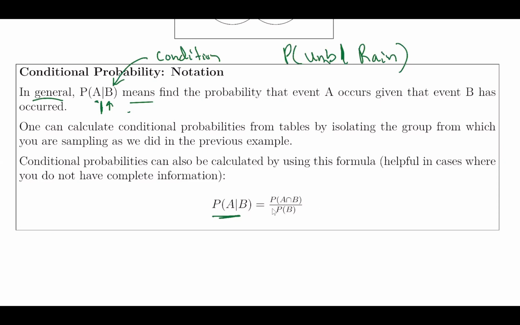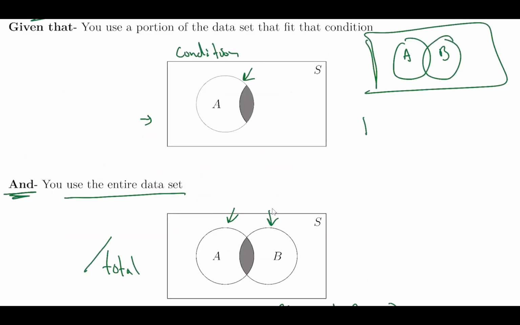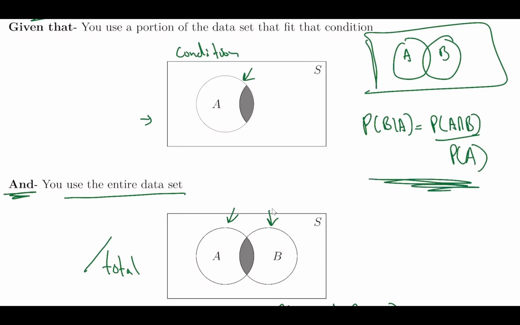All right, so here is the formula. For this formula, I kind of want to go back to this. The probability of A given B. Oh, well, in this case, B given A. All right, so this is our formula for conditional probability.